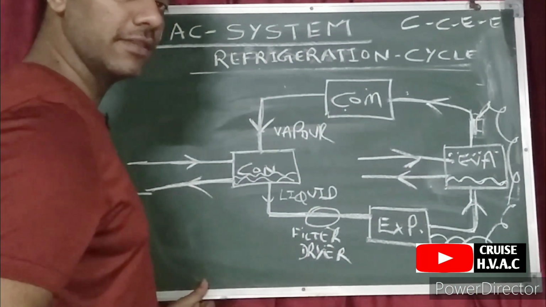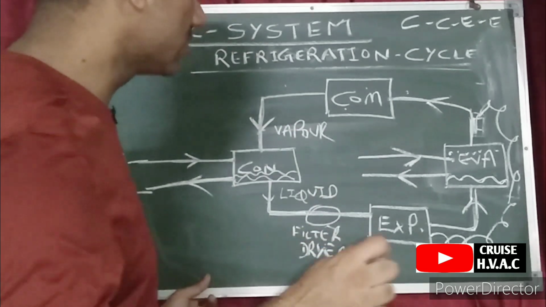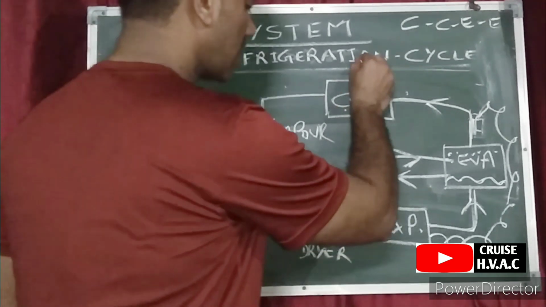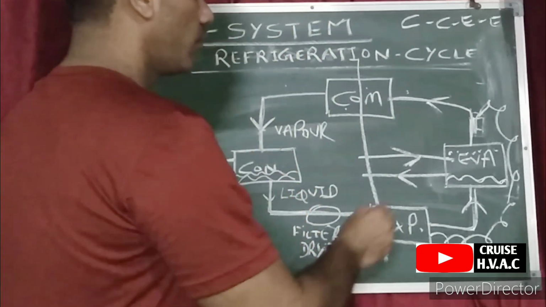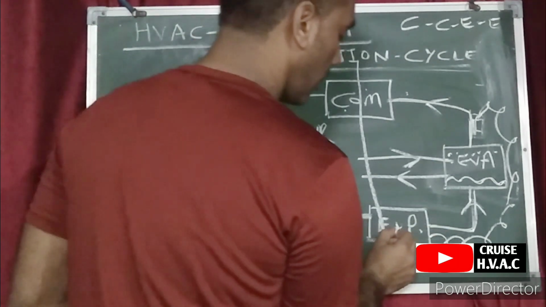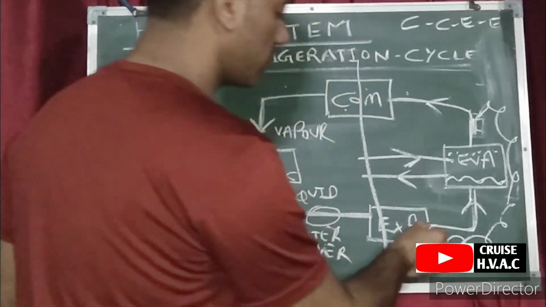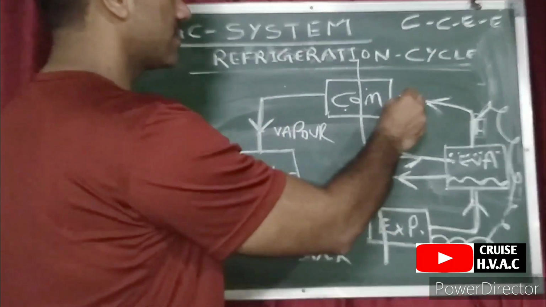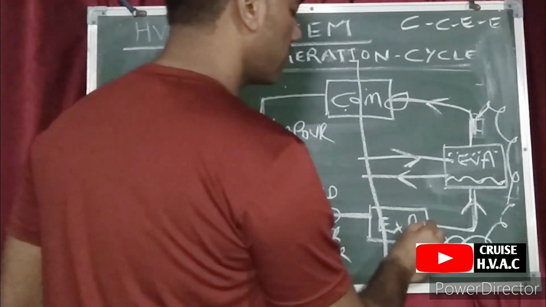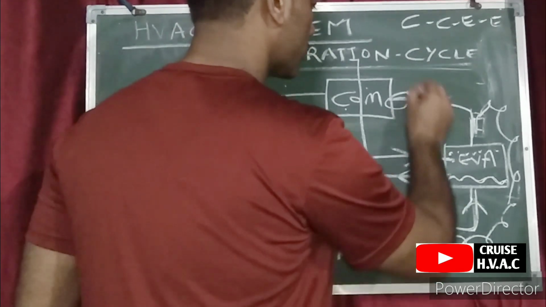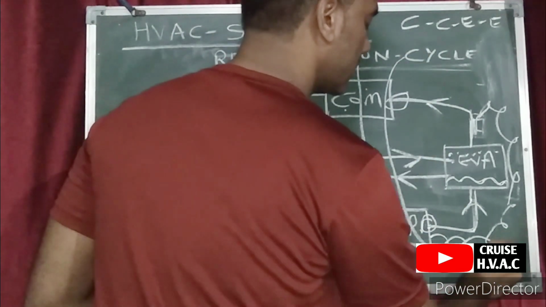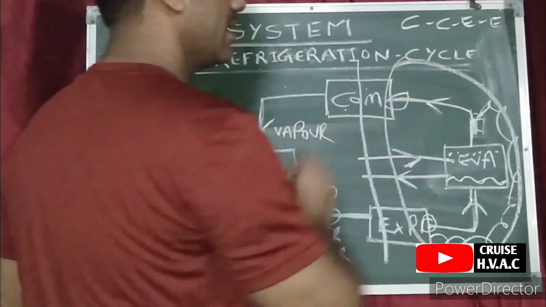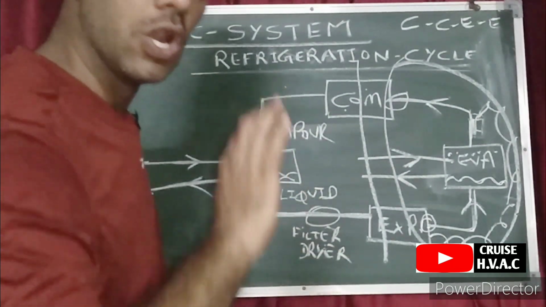So the thing that we have to keep in mind is this: on this half portion, after the expansion valve and before the compressor, meaning the compressor suction and the expansion valve outlet, in this whole portion the refrigerant pressure and temperature are always low.